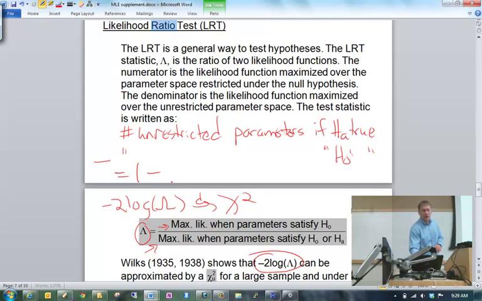The number of unrestricted parameters in the null hypothesis is 0. So that's how I figure out my degrees of freedom. Notice there's only one parameter, essentially, with a Bernoulli distribution, and we are restricting it in H0. So unrestricted parameters, 0 in H0.